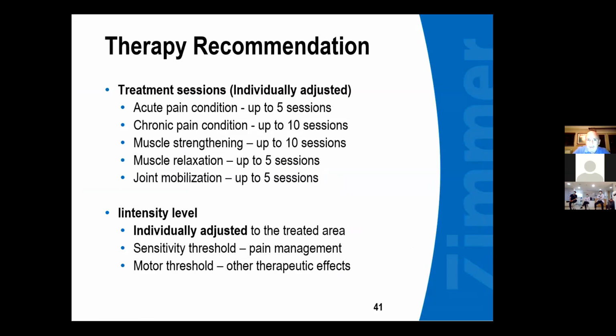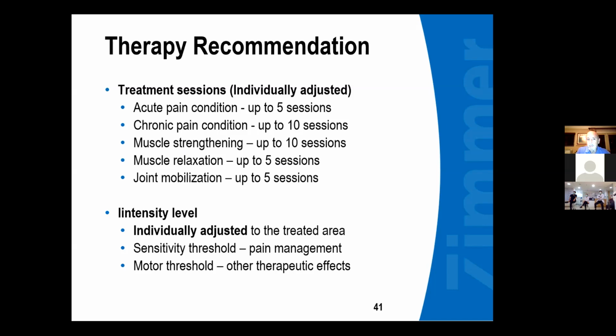Our recommendations, now again, these are based on clinical assumptions. Acute pain, 5 visits. Chronic pain, up to 10. Strengthening, up to 10. Muscle relaxation, 5, and joint mobilization, up to 5. Again, these are assumptions, meaning it could take more, it could take less.